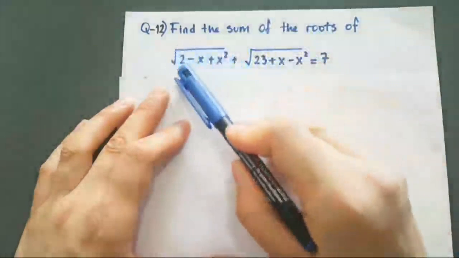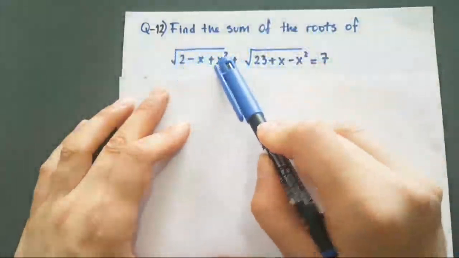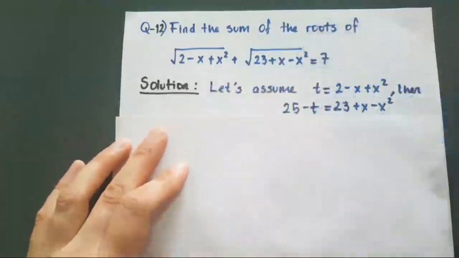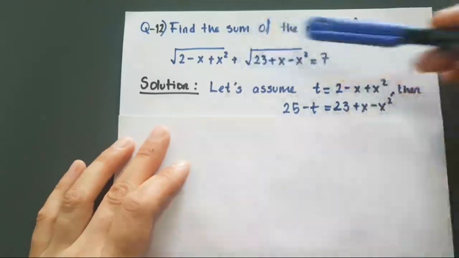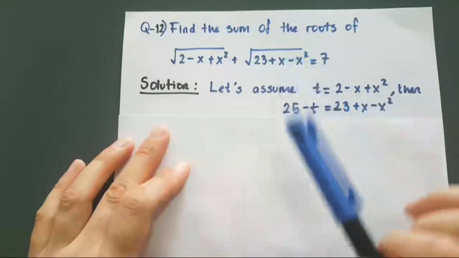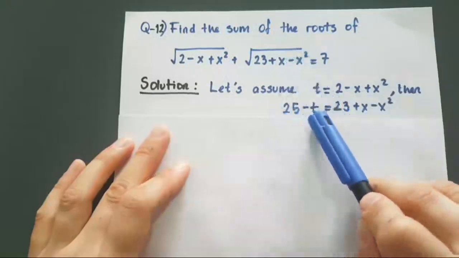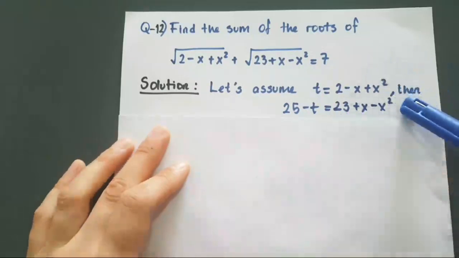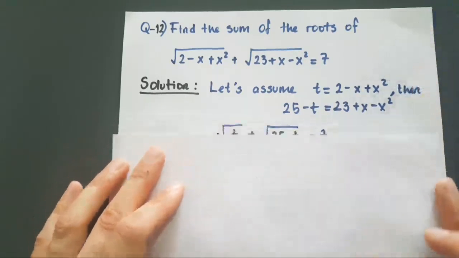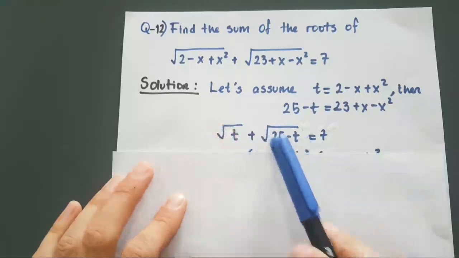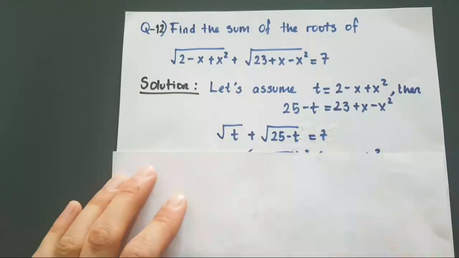Can I assume that the first radicand is t, and the second radicand is 25 minus t? Any problem if I write it? It will be simpler, right? Then let's substitute the radicands: root t plus square root of 25 minus t is equal to 7.